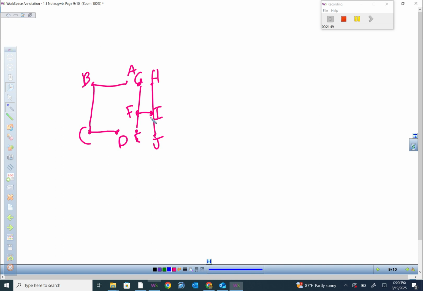So if this is actually an H, this line segment should be the same as this line segment. Again, this one should be the same as this one. If you did it right, these 4 should all be the same. If you did a C, these should be the same.